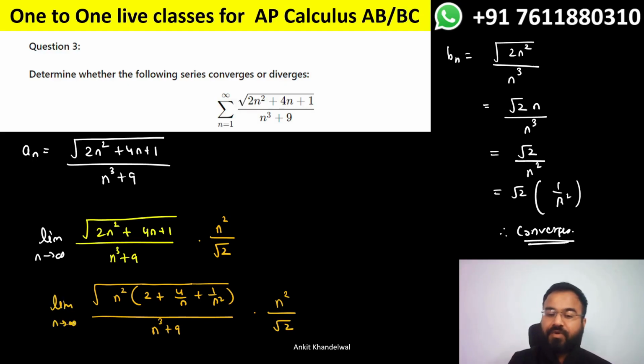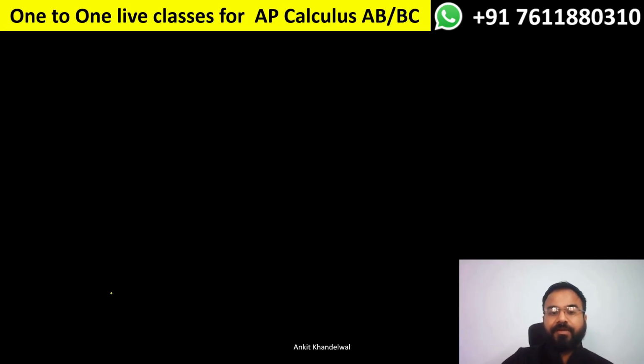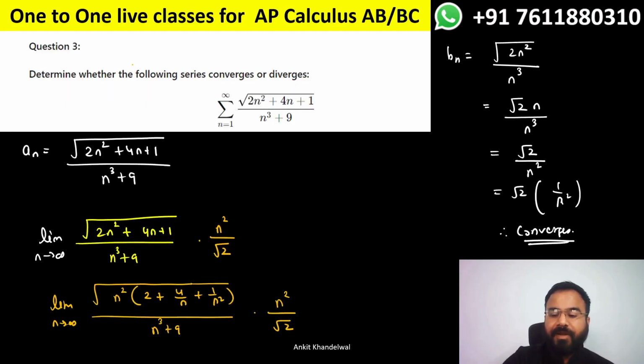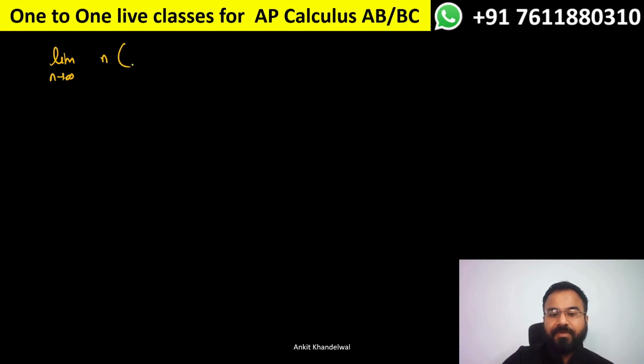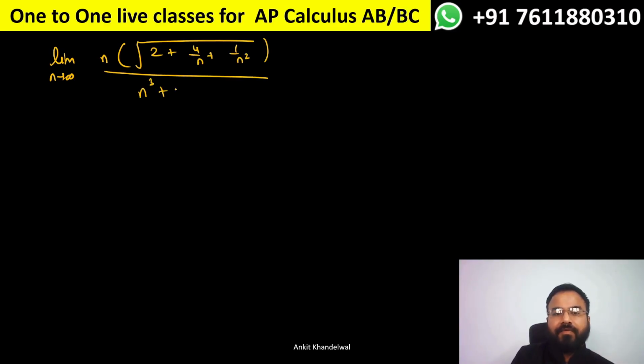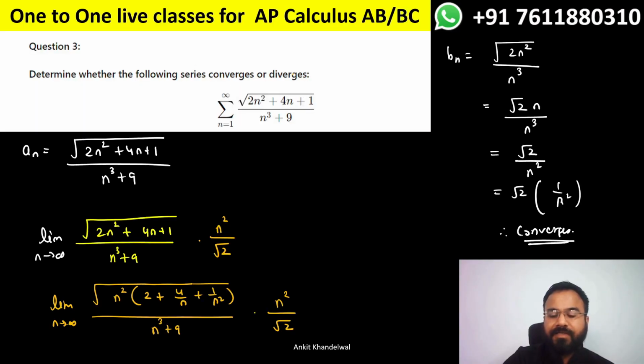When we take this n square out of the square root, it will become absolute value of n. And since n is positive, it will become only n. So it will become limit n goes to infinity, n, times the square root of 2 plus 4 by n plus 1 by n square, divided by n cube plus 9, and that is n square by root 2.